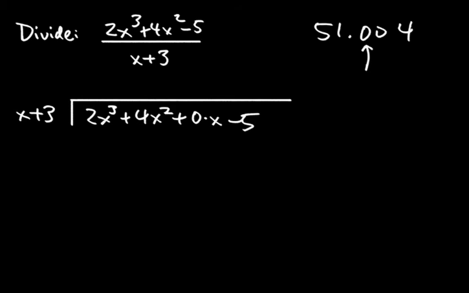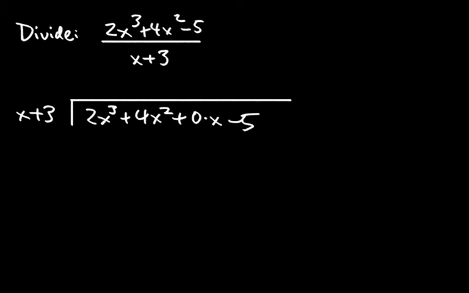In this case, the value is 0. Here, there's a place where the value is 0 times x. So you want to account for that no matter what. So if you're missing an x squared term here, and you just had 3x cubed minus 5, then you would still do the same thing where you would have 0 times x squared.